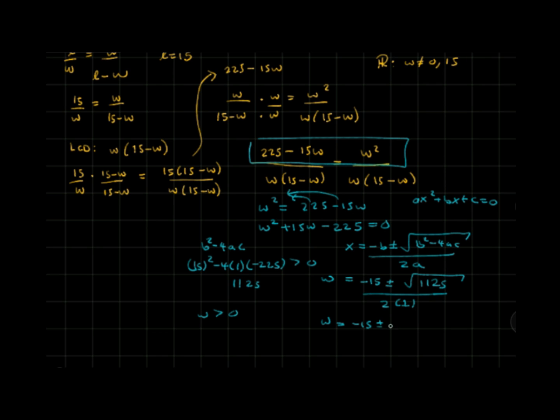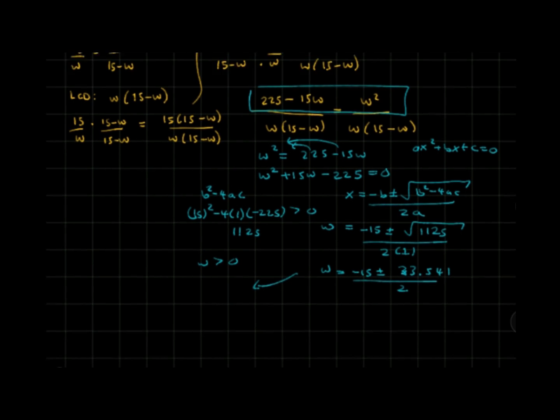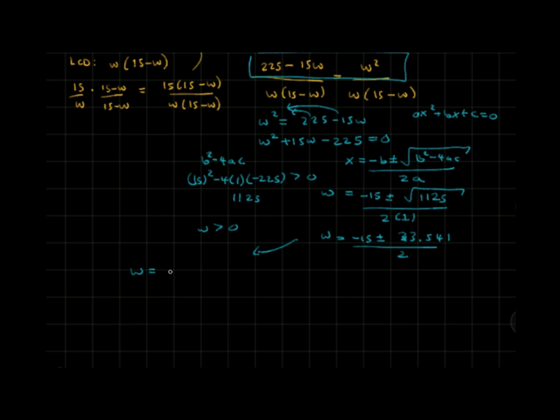So negative 15 plus or minus 33.541 over 2, and ideally you want to only look at the positive value. Width is equal to negative 15 plus 33.541 over 2.